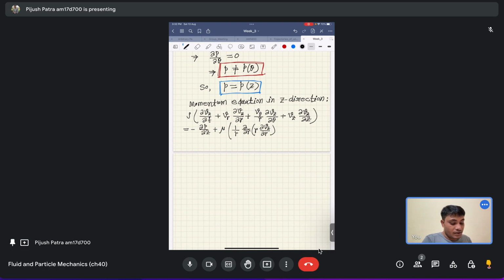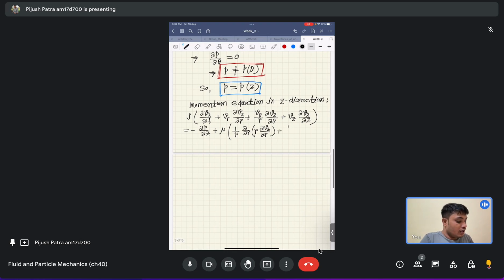Am I right in this? Yes. Plus 1/r² ∂²Vz/∂θ² plus ∂²Vz/∂z². That's the Navier-Stokes equation in z direction, that is along the flow direction.